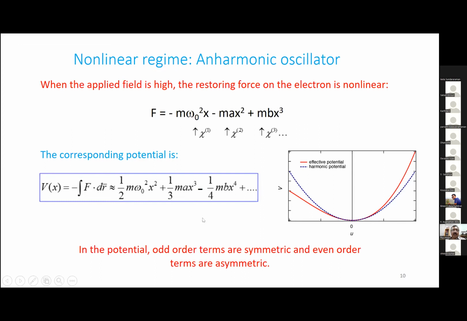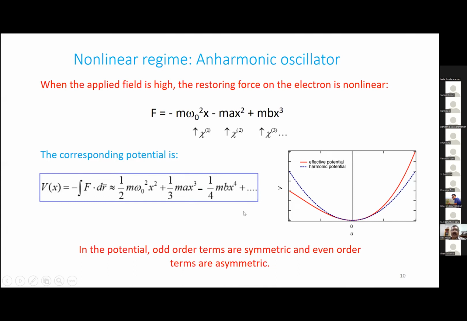So we see that there are odd terms and even terms in the potential. This is an even term in x because x squared has the same value for positive and negative values of x. But x cubed is not like that: x cubed has a positive value for positive x, but a negative value for negative x.